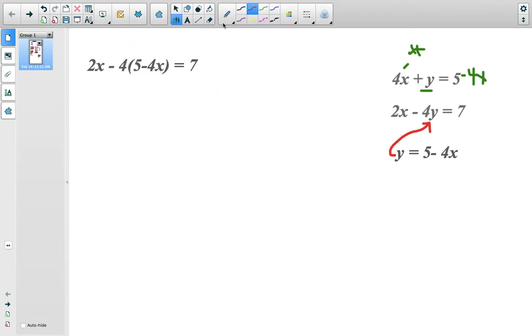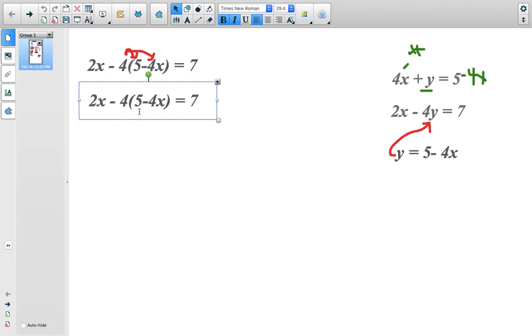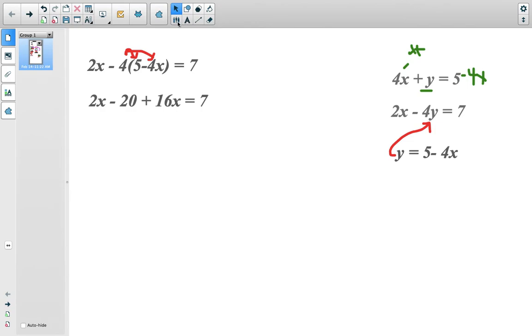So again, I distribute. So distribute here. And then I end up getting -20 plus 16x equals 7.